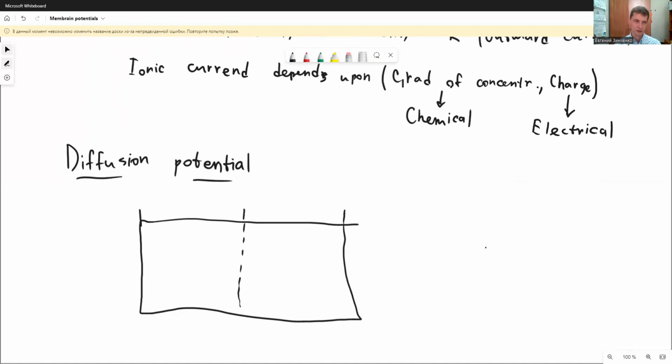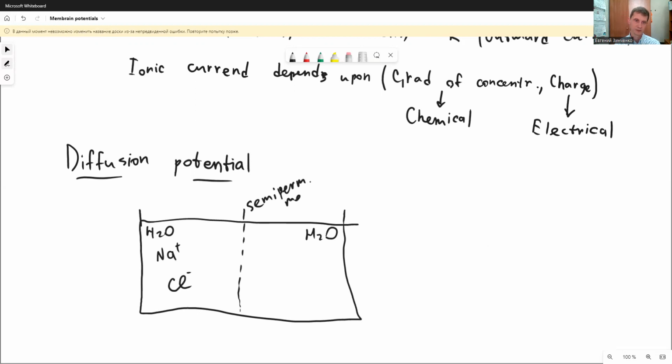These two parts are filled with water solution, and in one of the parts we dissolve some electrolyte, for example sodium chloride. In this solution, both sodium plus and chlorine minus are present. And between these parts we have a semi-permeable membrane, like a cellular membrane.